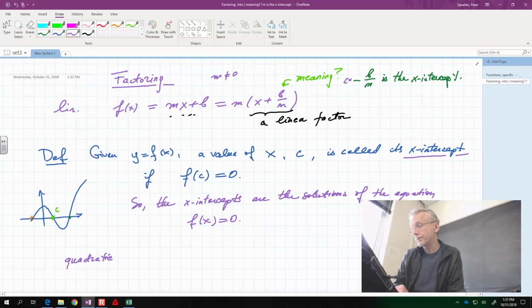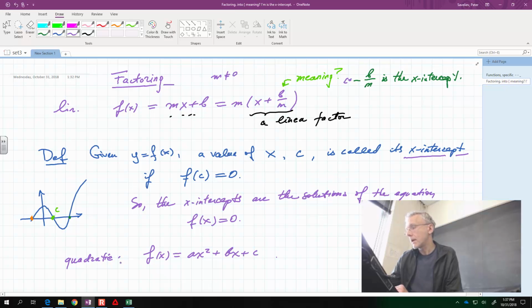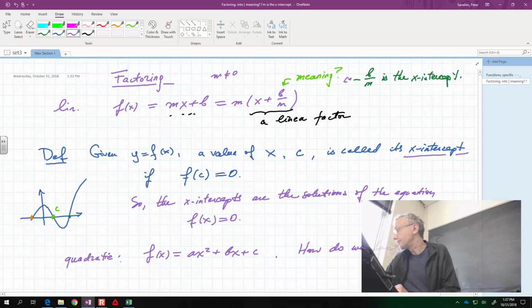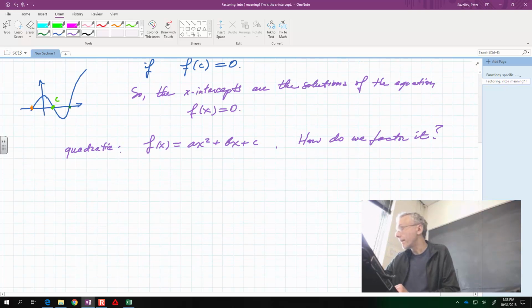So f of x, once again, let me use the same notation. Well, here's the question. How do we factor a quadratic polynomial? How do we factor quadratic polynomials?